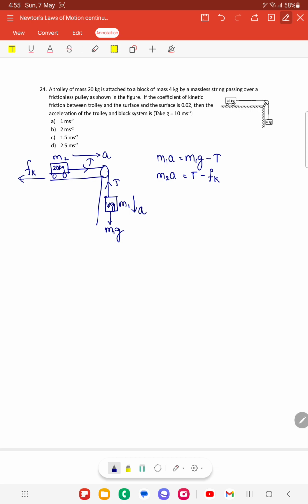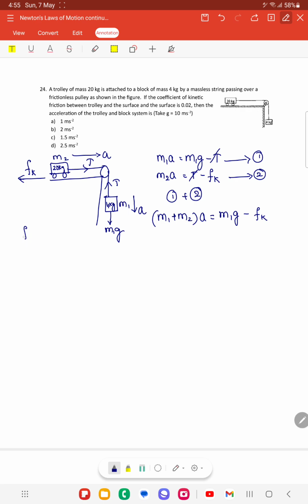Here I add the two equations, equation 1 plus equation 2. So we get m1 plus m2 into a is equal to, T gets cancelled, so it is m1g minus Fk.